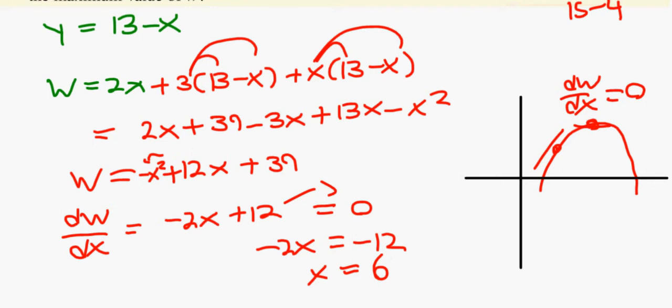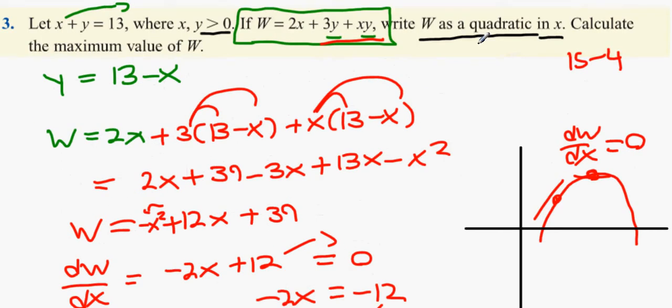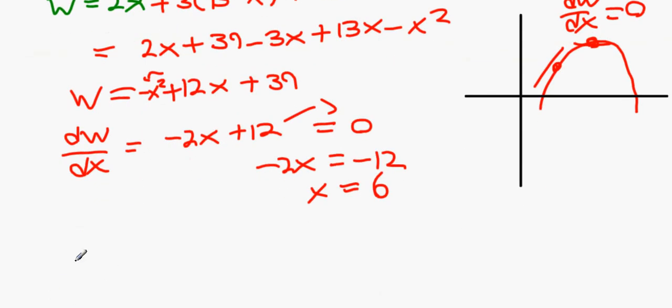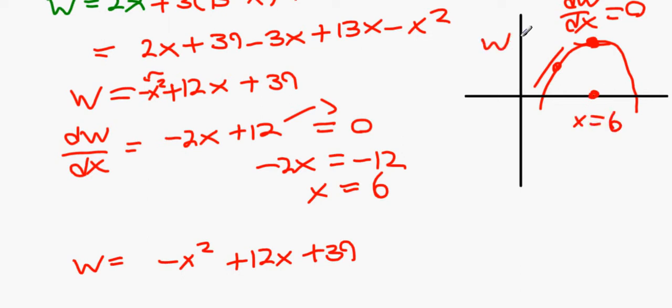So x equals 6 is the x value for the maximum value of w. Now we have to find out what w is. Well, w is equal to minus x squared plus 12x plus 39. It's a quadratic equation represented by this, and we know that the x value is equal to 6. Now we have to find the w value.